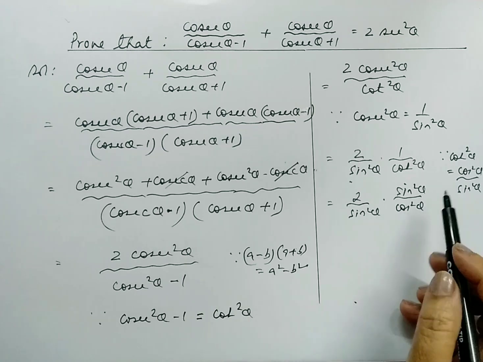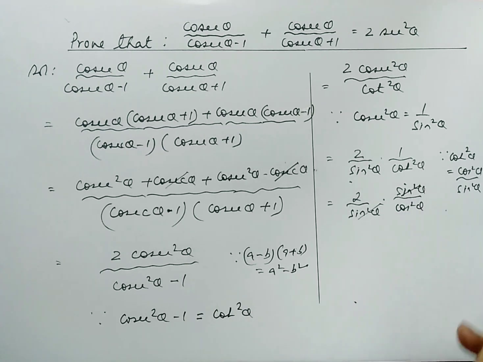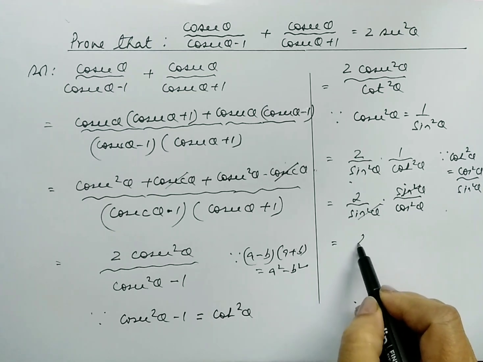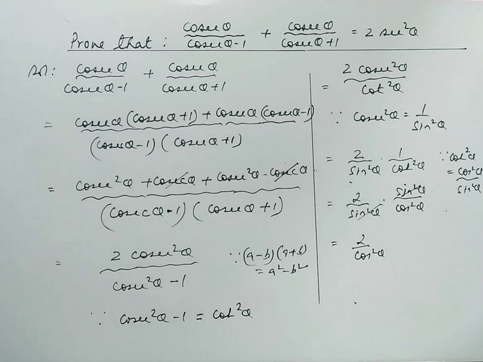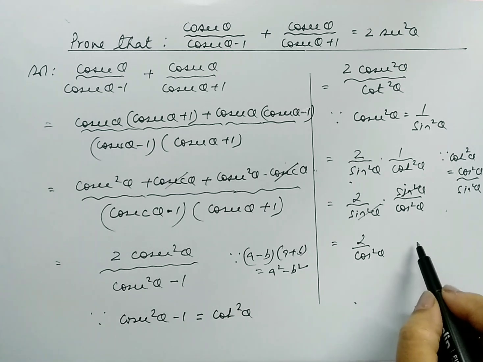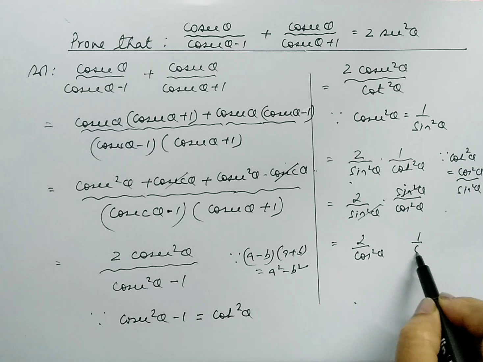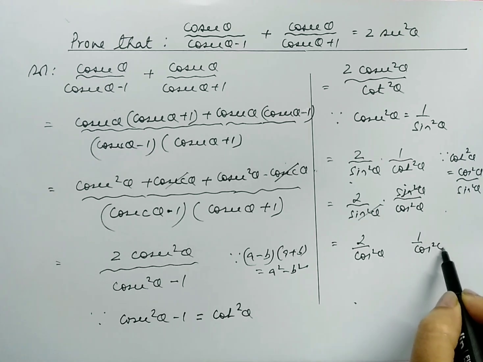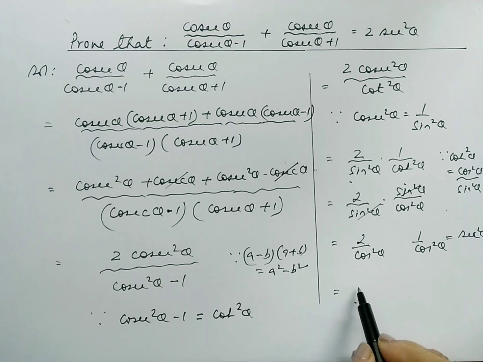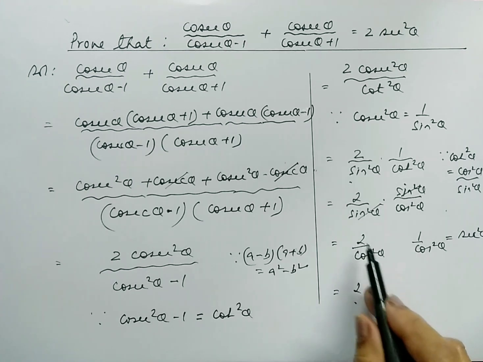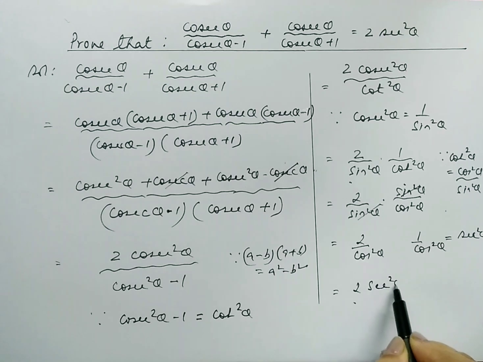Having got this, we know clearly that these two can be cancelled. So we are now left with 2 over cos square theta, alright? And since we know that 1 upon cos square theta is equal to sec square theta, we can therefore write this as sec square theta and 2 here.